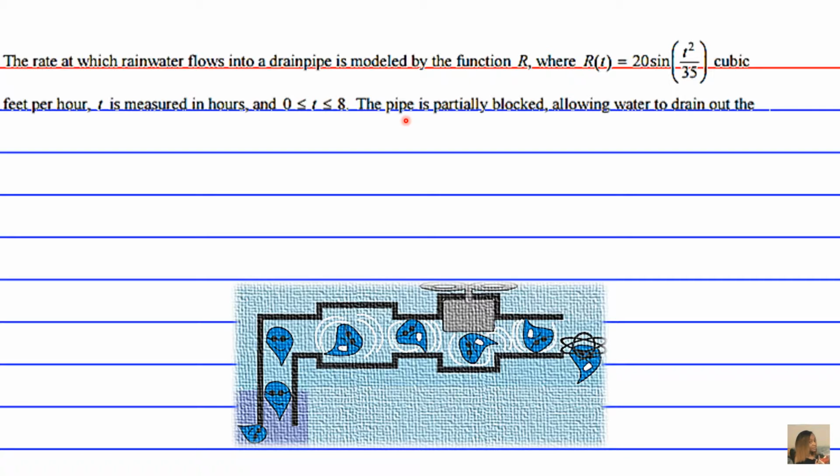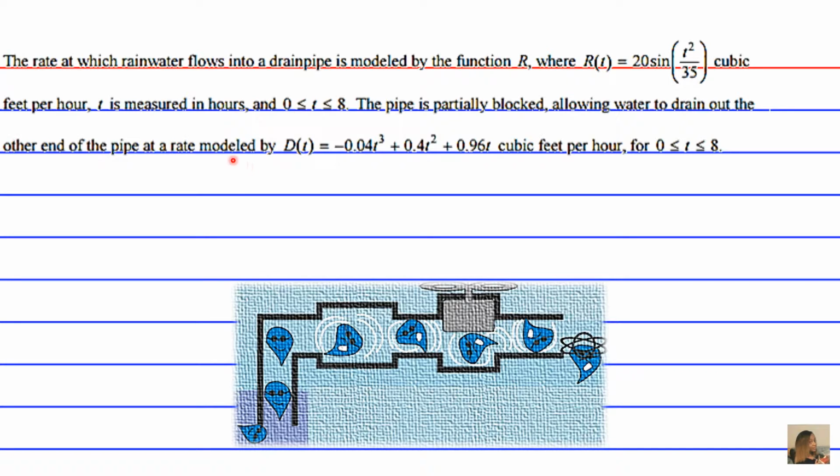The pipe is partially blocked, allowing water to drain out the other end of the pipe at a rate modeled by d of t equals negative 0.04 t cubed plus 0.4 t squared plus 0.96 t cubic feet per hour, for t between 0 hours and 8 hours, okay?